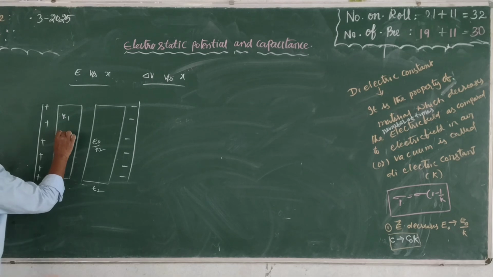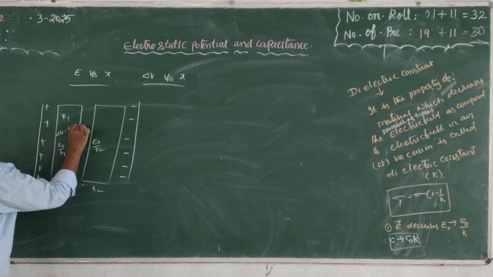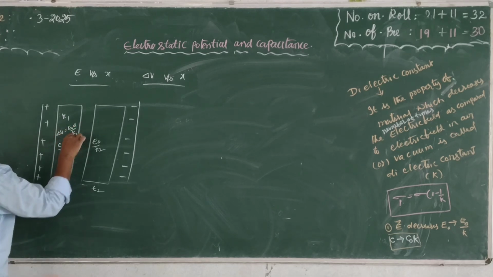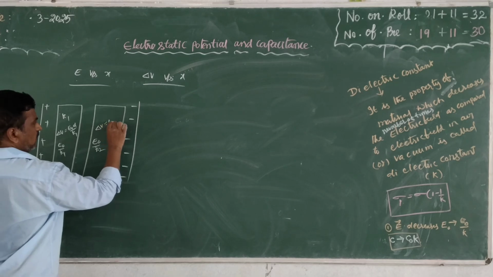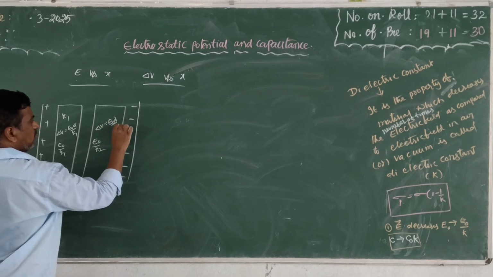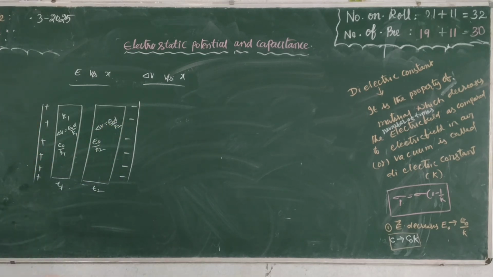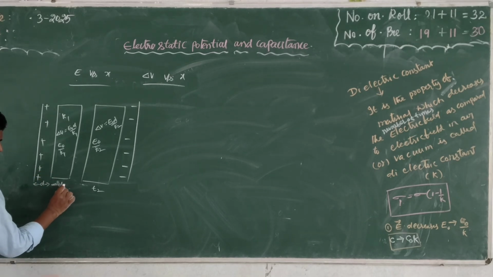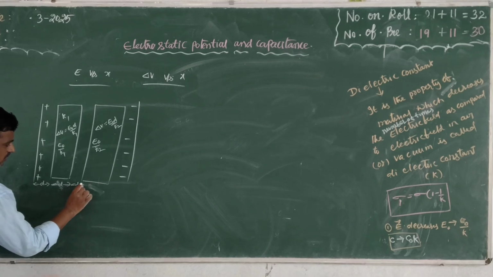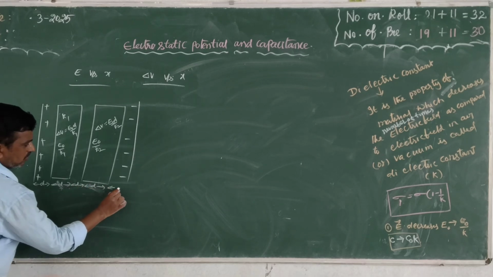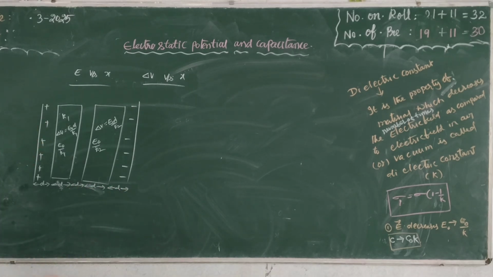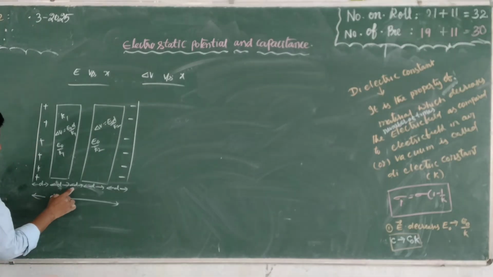So the change in potential is E naught D by K1, and E naught D by K2. The distance is D. Here D, D, D, D, D: total 1, 2, 3, 4, 5.